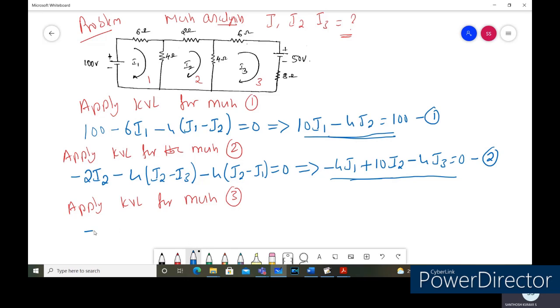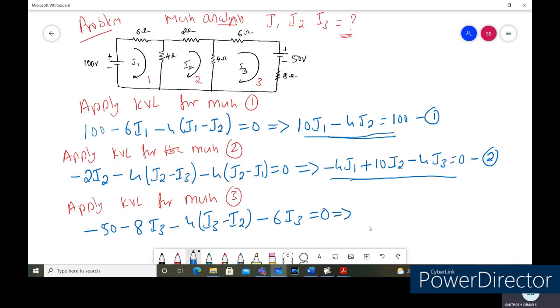So it is minus 50. And drop across the 8 ohm resistor is, so minus 8 into I3. And the drop across the 4 ohm resistor is, so it's minus 4 into (I3 minus I2). And the drop across the 6 ohm resistor is, so minus 6 into I3 is equal to 0.